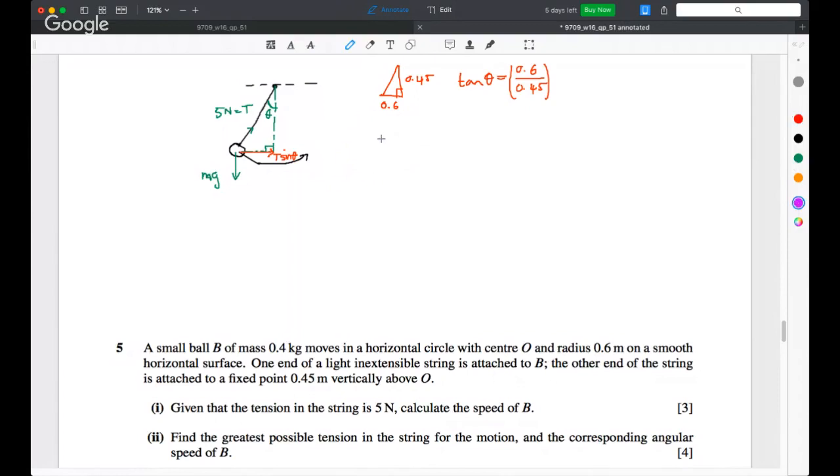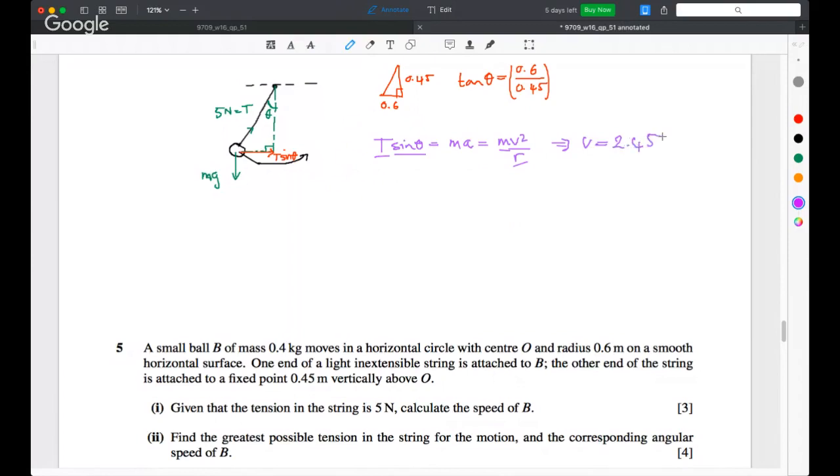So, T sine theta is equal to ma, and this is a rotational motion, so this is mv squared over r, kind of like orbital, but in just that one dimension. So what do we have? We have sine of theta, we have the mass, we have the radius that's moving in, 0.6, and we have the tension of the string, so we can solve for v, no problem.